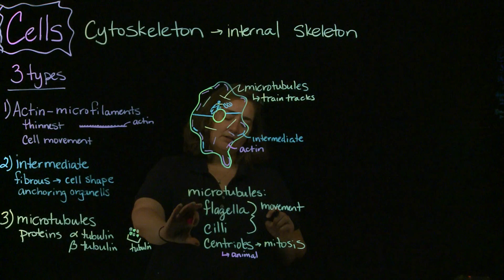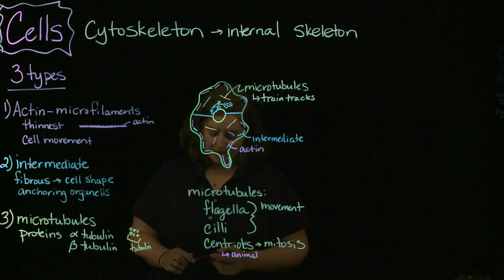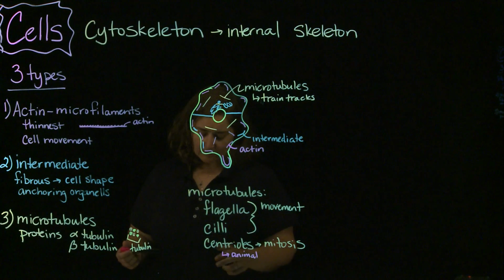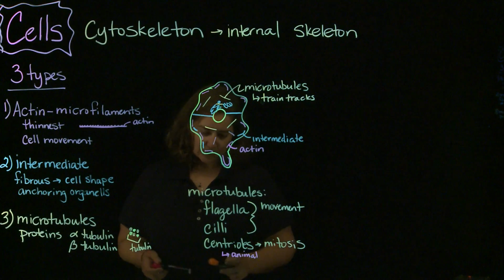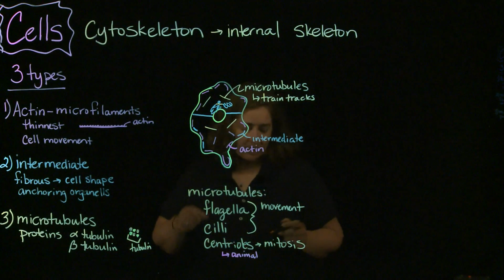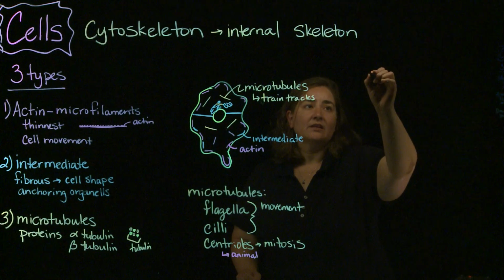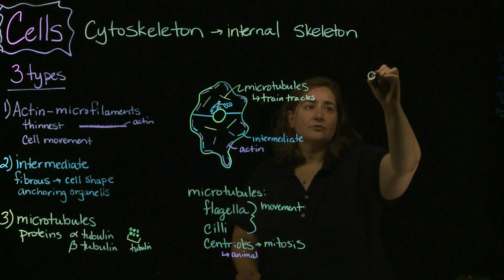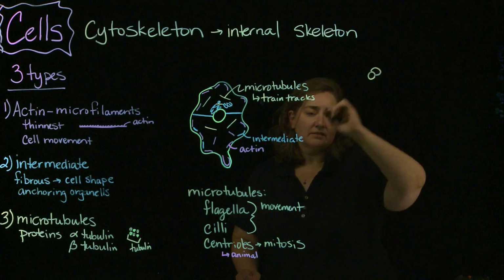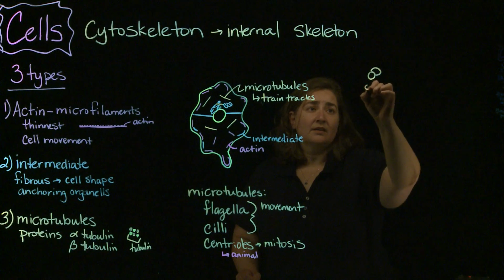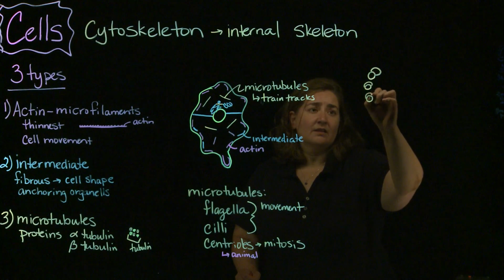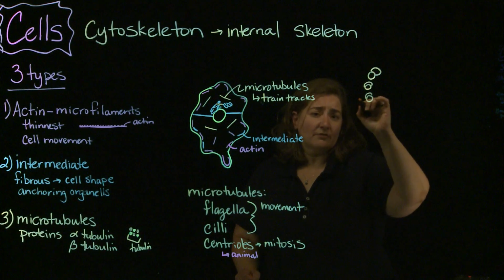So I'll kind of talk a little bit about flagella and cilia and the centrioles here. And essentially what you've got when you make up those structures is you've kind of got doublets. All right, and I'm going to kind of draw them this way. Not the best drawing, don't make fun of me.